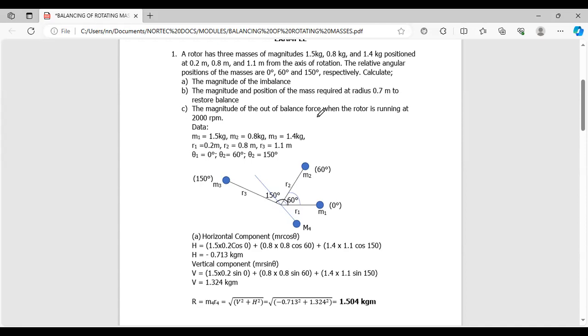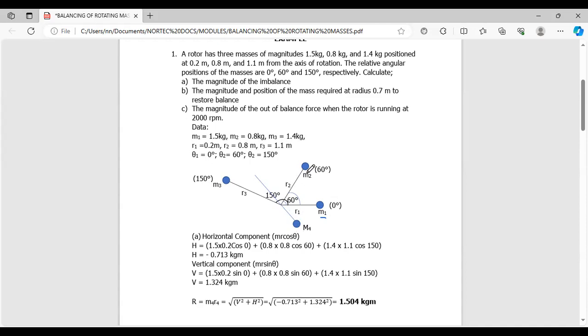To begin with, we just rearrange the data. First of all, we have mass 1, which is 1.5, mass 2, 0.8, and the third mass 1.4. We rearrange this in the form of the diagram. R1 corresponds with M1, and it's at 0 degrees.